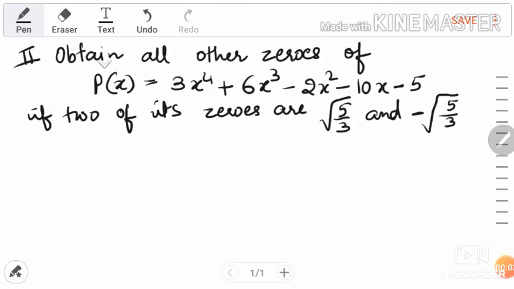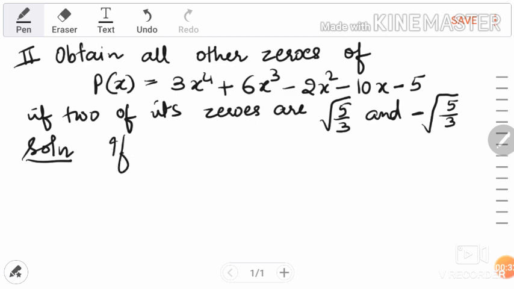Question 2. Obtain all other zeros of p of x if two of its zeros are root 5 on 3 and minus root 5 on 3. In this question, the zeros are irrational numbers. We will apply the same method in order to get the other zeros like we did in the earlier example.